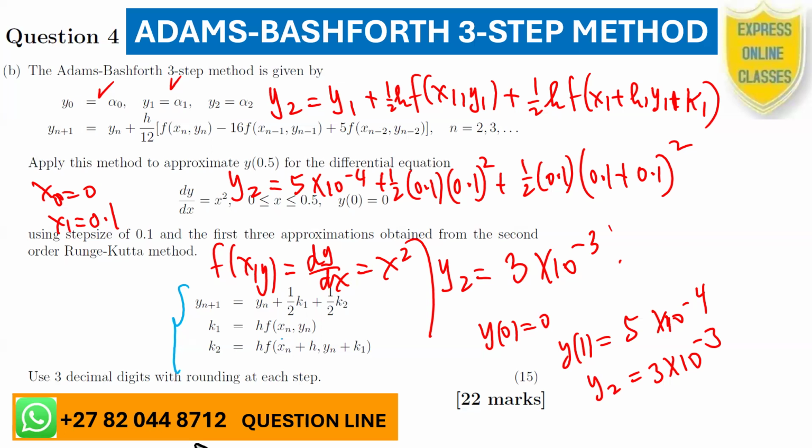Let us continue with our analysis, please, and solve this particular problem. The next thing is now we've got the y0, which is this one, y1, and then y2 is this one.